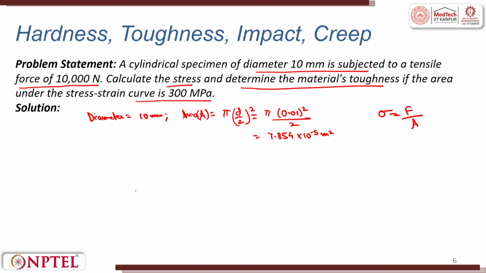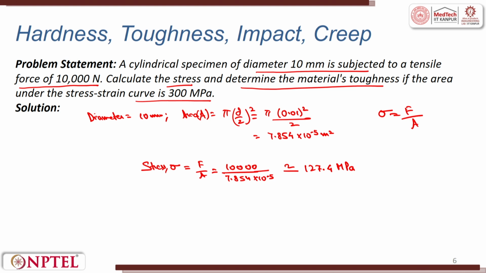Now, I have to find the stress. Stress sigma is equal to F by A, equal to 10,000 by this area, 7.854 into 10 raised to power minus 5. So, this is almost equal to 127.4 megapascal.